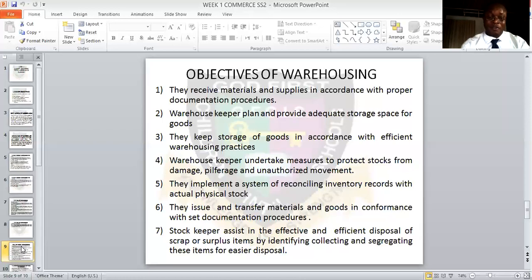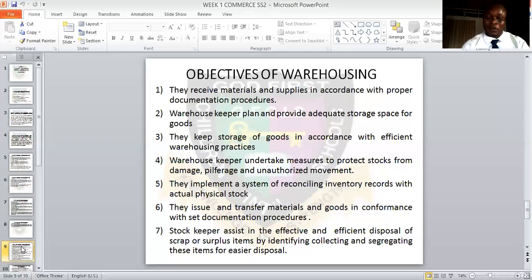Number five, they implement a system of reconciling inventory. They implement what we call a system of inventory. They need to reconcile the selling of goods with the buying of goods, to check that they correspond.